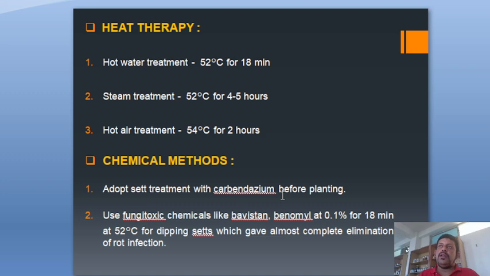Before planting, we can spread some carbendazim in a minimum concentration. Use fungitoxic chemicals like Bavistin. Bavistin is a very well used fungicide in many crops against various pathogens. We use only 0.1%, for 18 minutes at 52 degrees centigrade, or dipping whole sets for complete elimination of the disease.